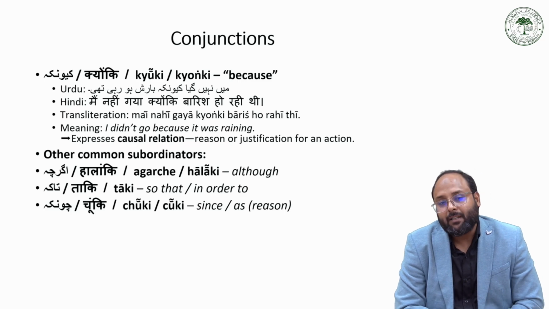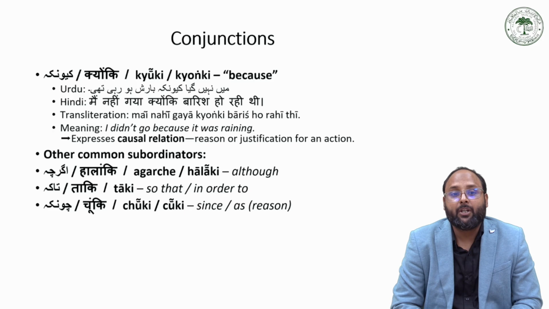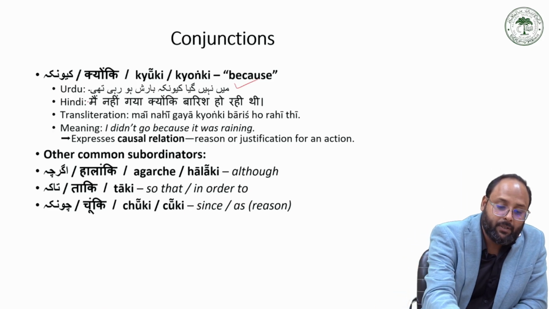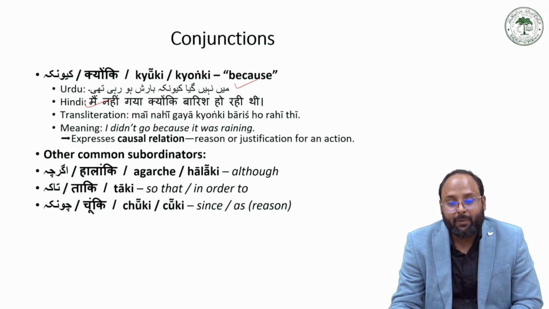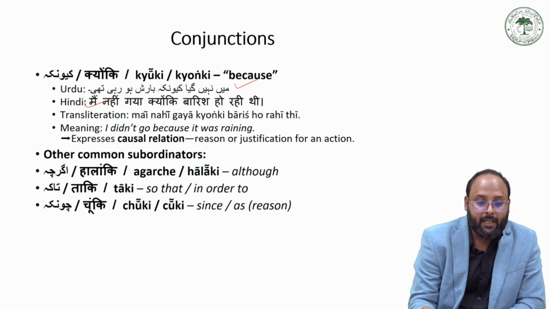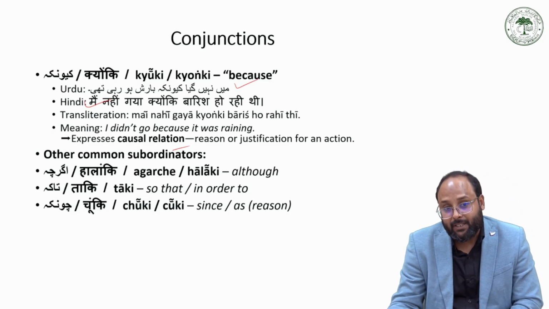And we have another conjunction, क्योंकि. मैं नहीं गया क्योंकि बारिश हो रही थी. Here क्योंकि adds the two clauses, but मैं नहीं गया is the main clause and बारिश हो रही थी is the dependent clause. So it expresses a causal relation, the reason or justification for an action.